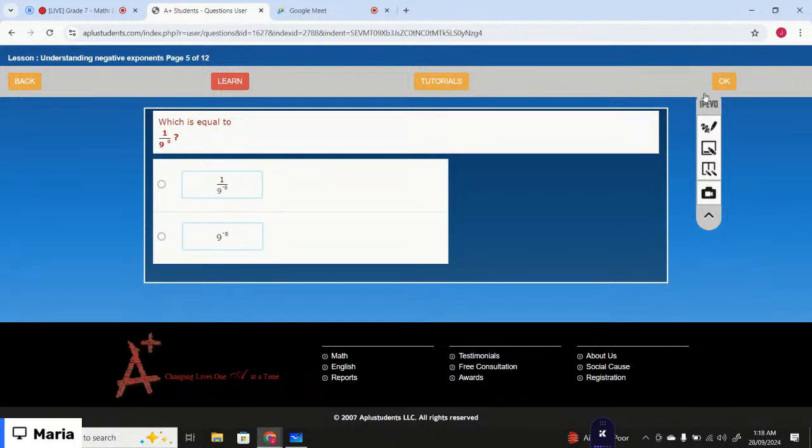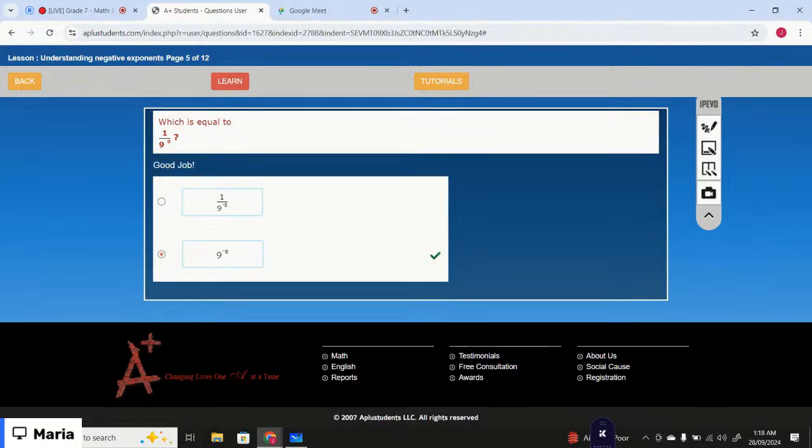That would be 9 exponent negative 8. Option number 2 is the correct option.